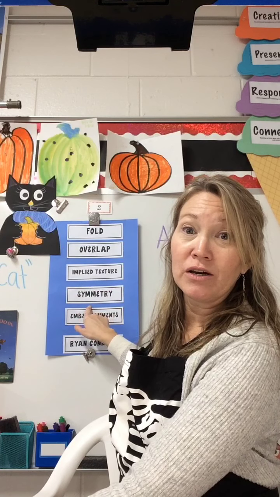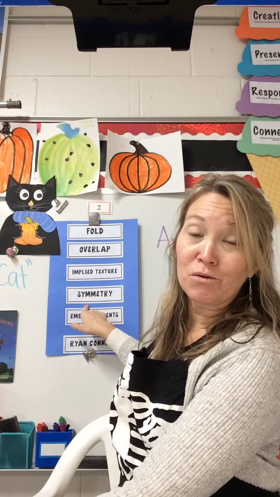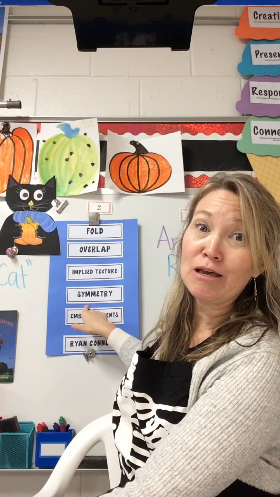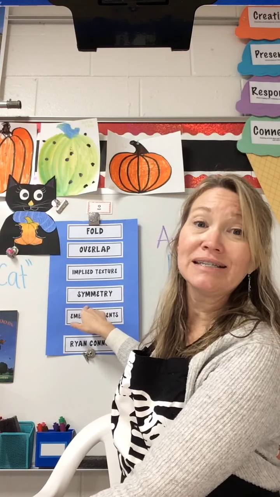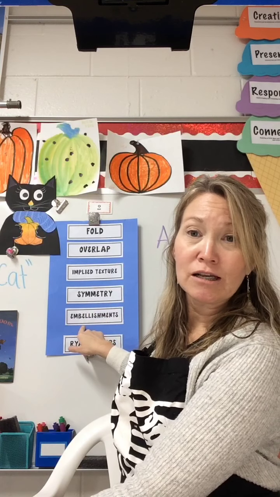Now, symmetry. We will be using symmetry all through this project, especially when we start, and I'll talk more about that in a minute. Remember, symmetry, same on both sides. Embellishments.